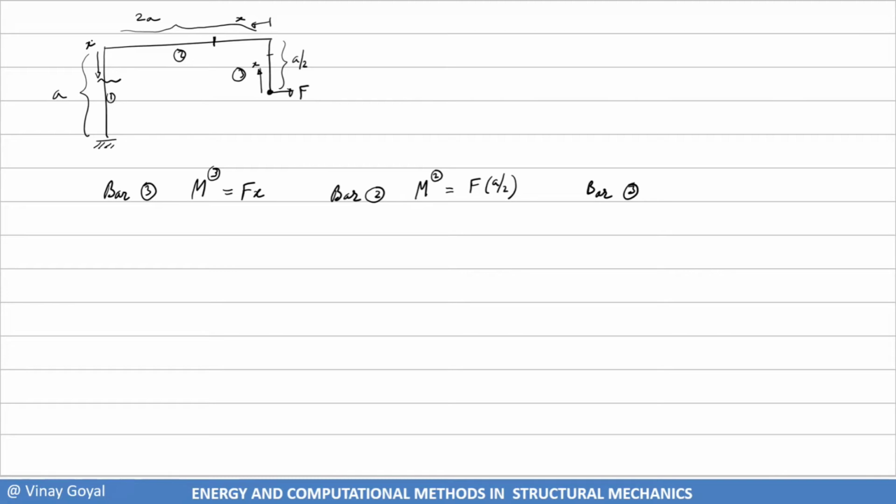I still think moment 3 is F times A half, I believe. And if I do a cut, let me draw the free body diagram. So I get a moment and a shear. That moment is still F times A over 2, actually.